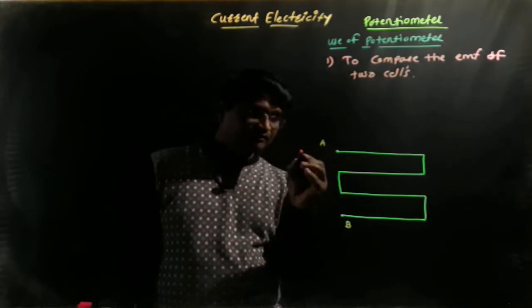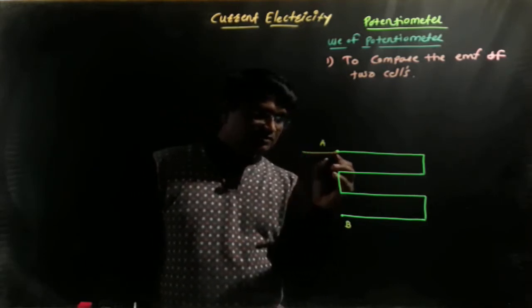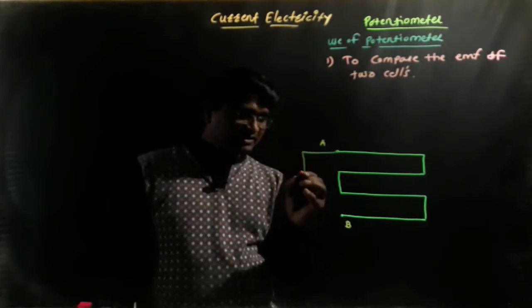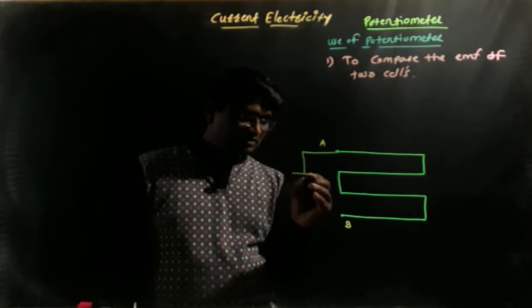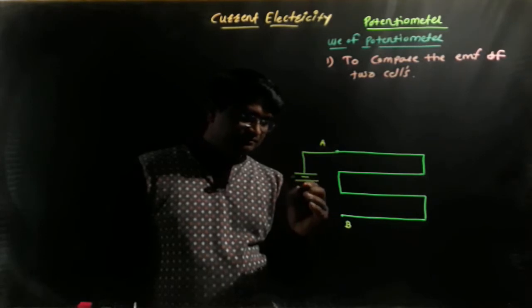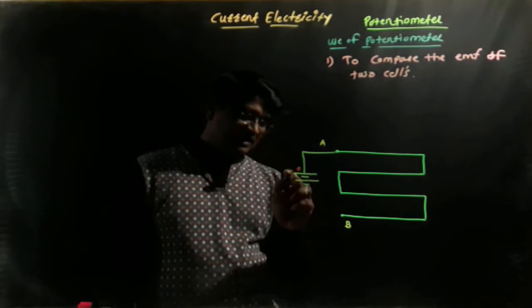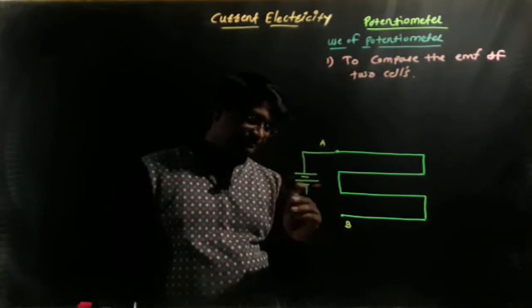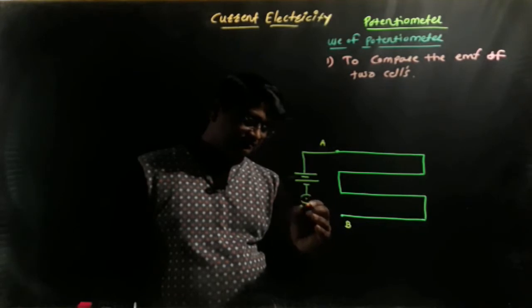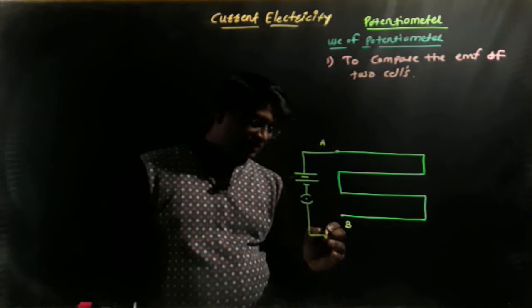Now, the terminal A, this point here, is connected to the cell. Okay, imagine that this is the cell, and the key, and the rheostat.